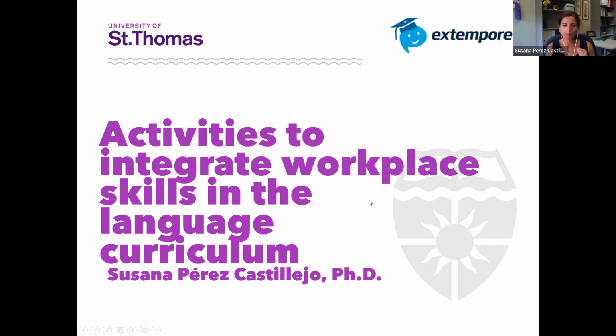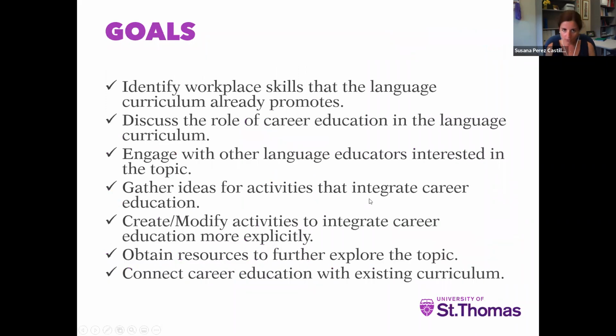I'm going to get started with the goals again, reminding everybody about the goals of this presentation. We are identifying workplace skills in the language curriculum that we are already doing in our classes, but we are not very explicit about it. We are discussing, as we did yesterday, the role of career education, not just within the liberal arts in general, but the language curriculum.